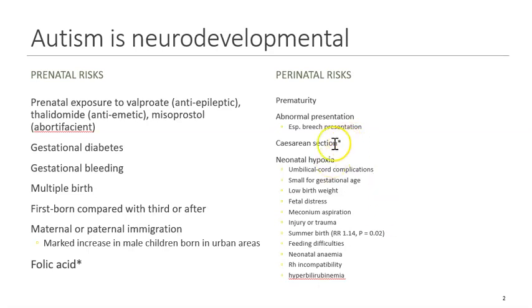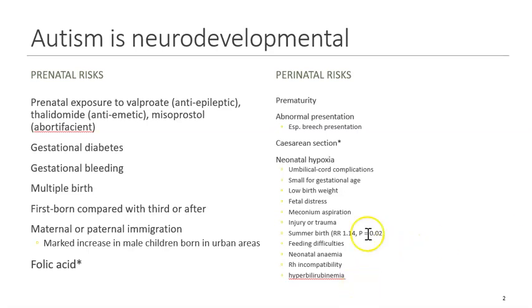In other words, a lot of times mothers that give birth by cesarean, that's an emergency cesarean because their baby was in a breech position. So is it the breech position that's the increased risk or the cesarean? There's not a clear division between the two. And so there have been some studies controlling for the breech position, and these studies say that cesarean delivery does not significantly increase the risk of autism. So it seems to be more this abnormal presentation rather than a cesarean section that increases the risk.